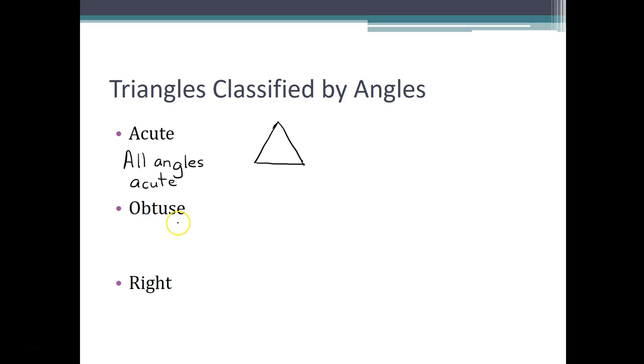In an obtuse triangle, you're going to have one obtuse angle in there. The others will be acute. The others have to be acute. And again, we're talking about planar geometry. The rules change if you start studying spherical or elliptical or hyperbolic, other kinds of geometries. We're just talking about planes, flat surfaces.